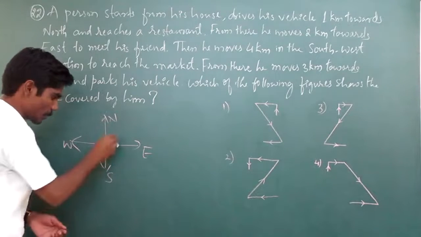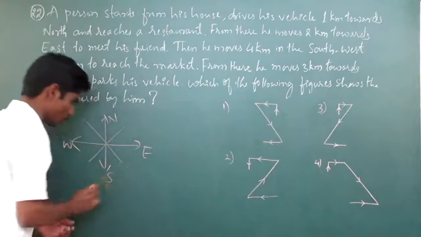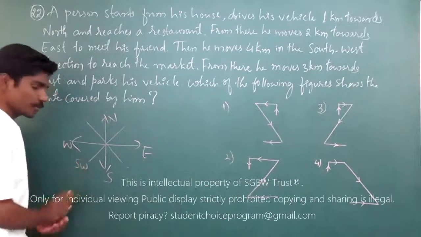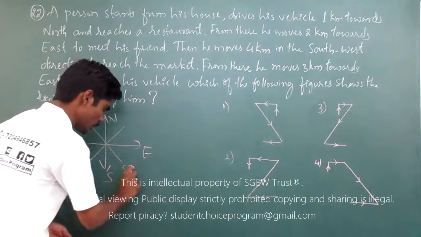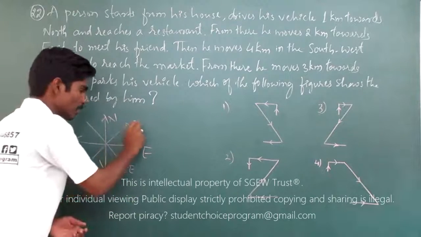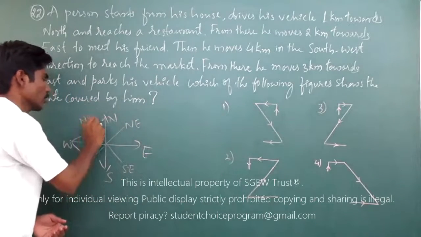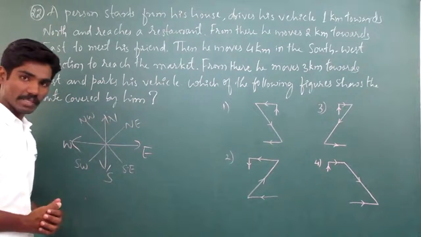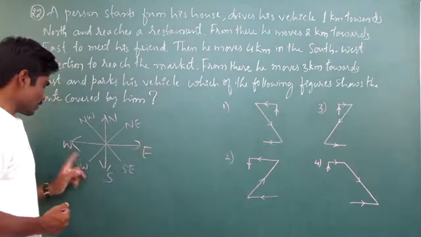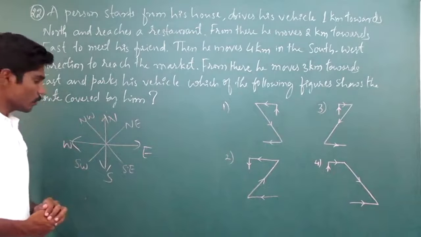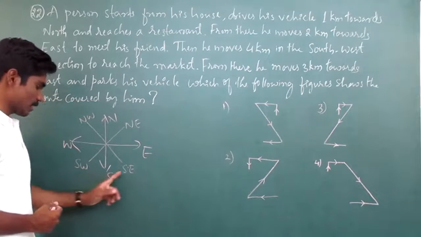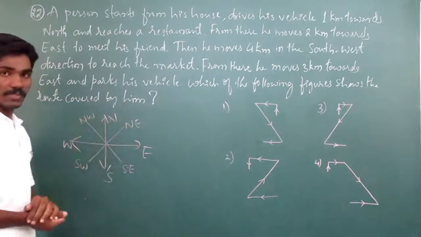Again there are 4 sub-directions: southwest, southeast, northeast and northwest. Basically 4 directions, east, west, south, north, and 4 sub-directions as southwest, southeast, northeast, northwest.